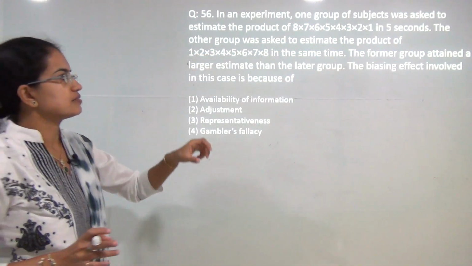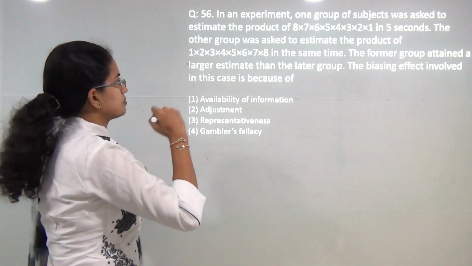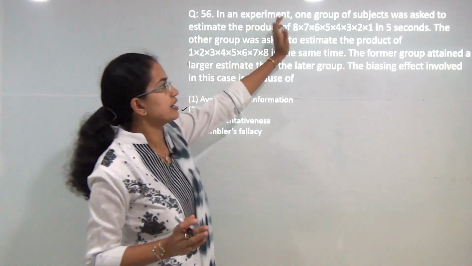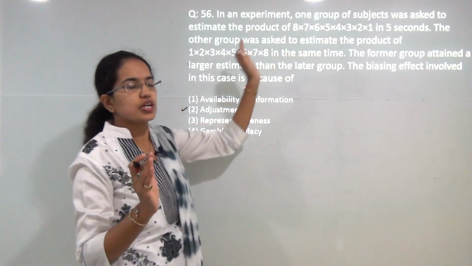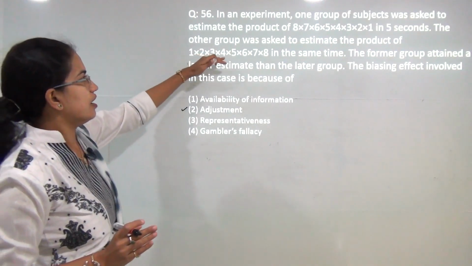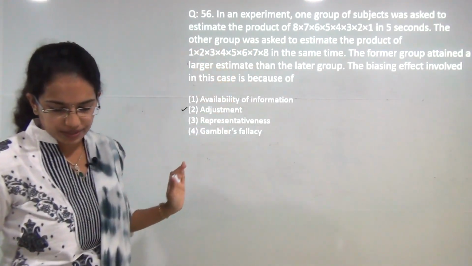This bias is because of adjustment, and this experiment was basically trying to explain that if you have higher numbers in the initial set, you would have a larger estimate as compared to if you have a flow that starts with a lower number.